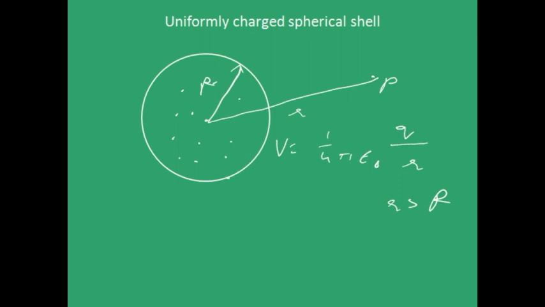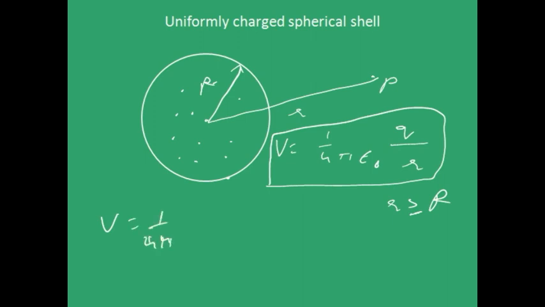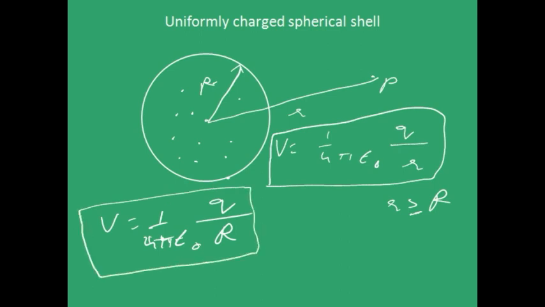We know that when the distance from the center to the point is greater than or equal to the radius of the sphere, the potential is this. So at the surface the potential will be 1 by 4 pi epsilon naught Q, the charge of the entire sphere, by capital R, the radius of the sphere. This is the potential at the surface, and this is also the potential at all the points inside the surface as well. Hope everything is clear till now.